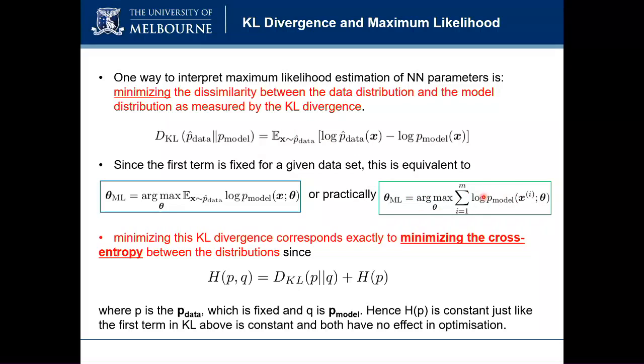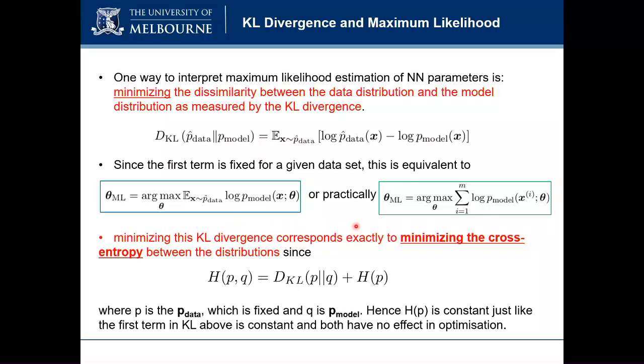So we have done the maximum likelihood, and we can start from: I want to minimize the KL divergence between my own model and the real data, and then that represents the function. But because this is fixed, if I write the DKL and minimize, I end up with the same thing. So I'm trying to achieve the same thing. I'm just starting from different ways and ending up in different places.